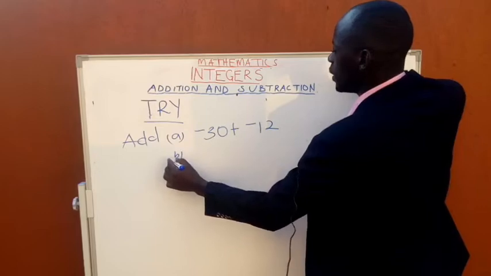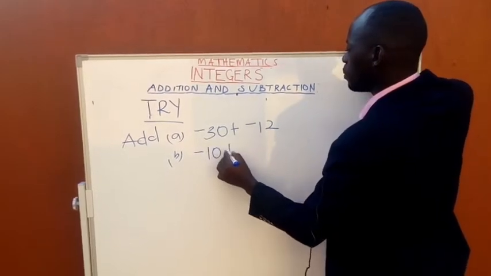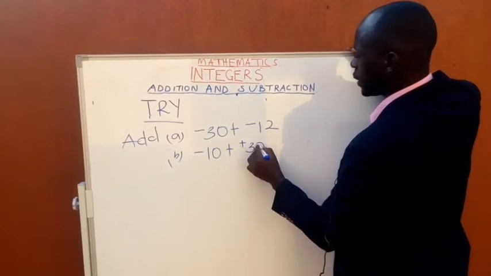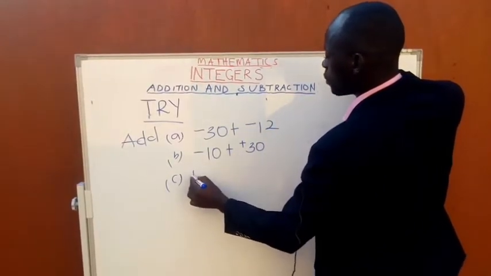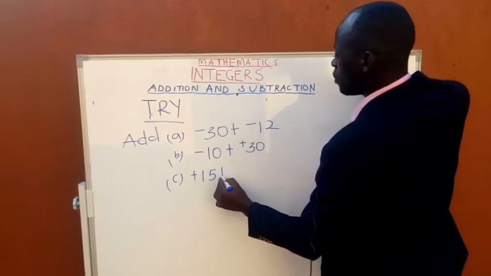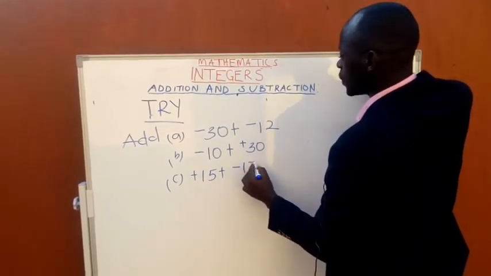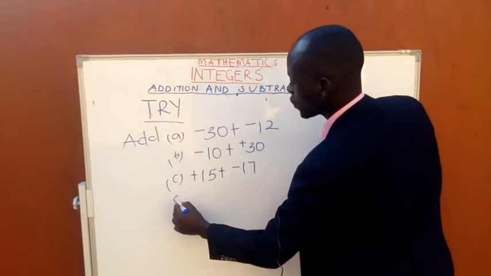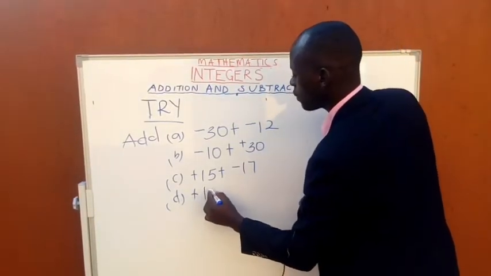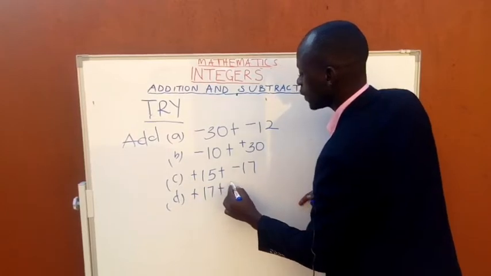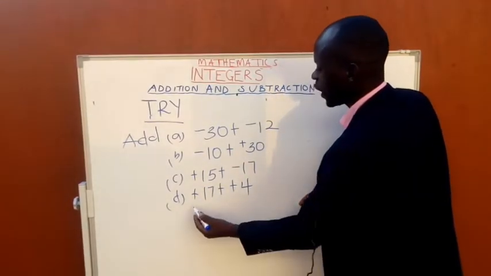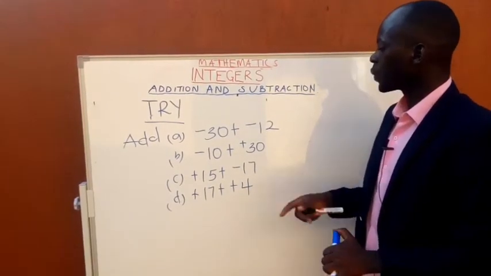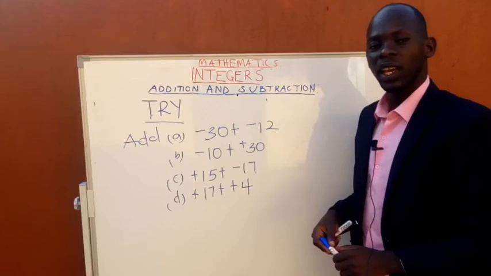Then part B, negative 10 plus positive 30. Then part C, positive 15 plus negative 17. Only 3 numbers, and they are simple, by the way. Actually, the last one here is positive 17 plus positive 4. These are all positives, so the answer will just increase, and it will remain positive. So these numbers are simple. Don't think they are very hard.